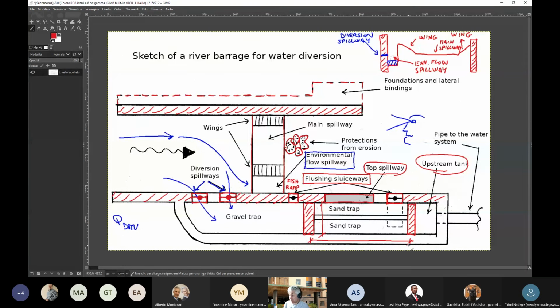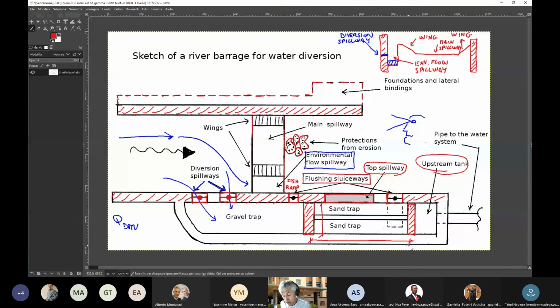Usually the suggestion is that the gravel trap is designed with the same width and a length that can be lower, up to half of the length of the sand trap. This is an empirical suggestion, okay? In this case, you see that the length is the same order of magnitude, but usually we try to make the gravel trap a little bit shorter than the sand trap.